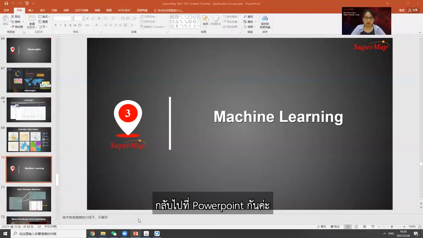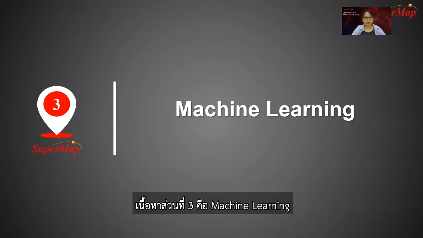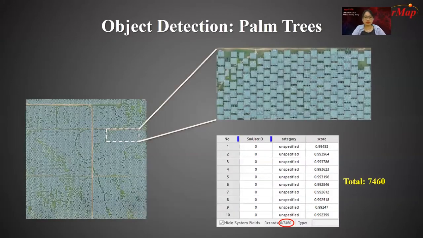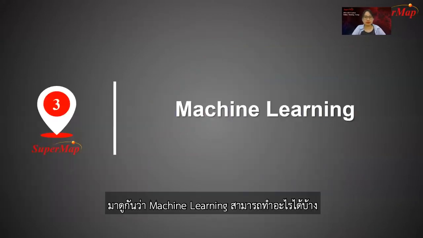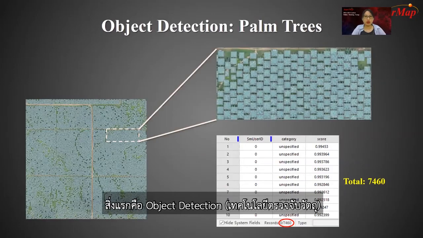And next, let's go back to our PowerPoint and continue. The third one is about machine learning. In Supermap machine learning, let's take a look at what we can do based on machine learning theory. First, we can detect objects by object detection.